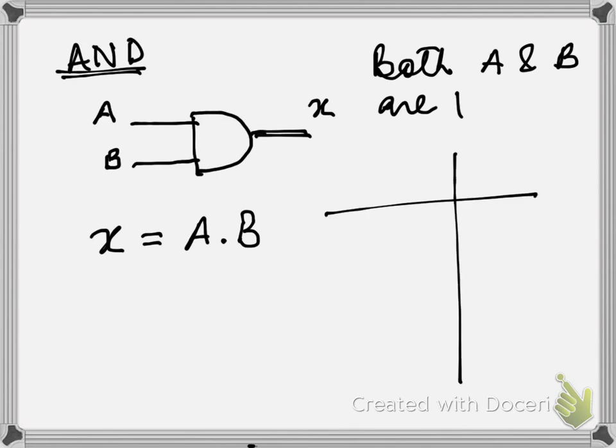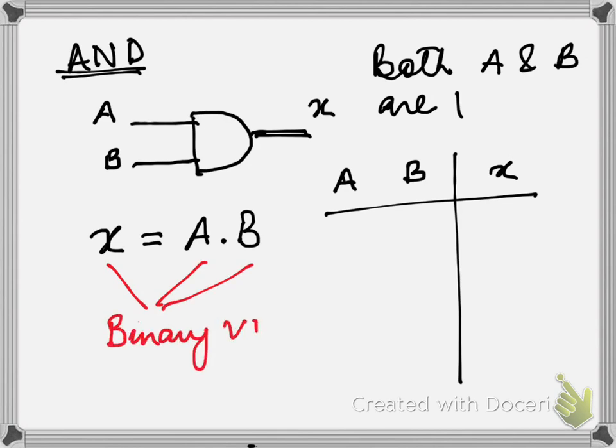I have two inputs here. On this side we write the inputs and on this side we write the output. A, B and X are all binary variables, so they can take values 0 or 1.